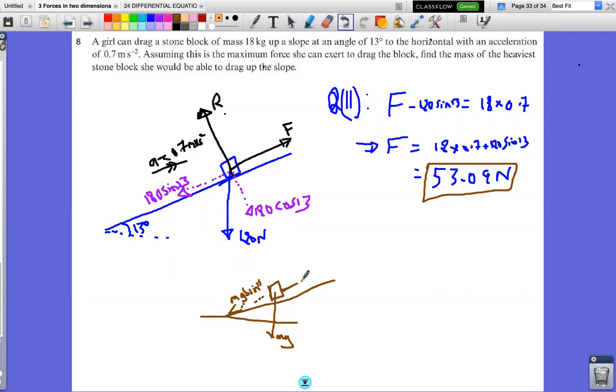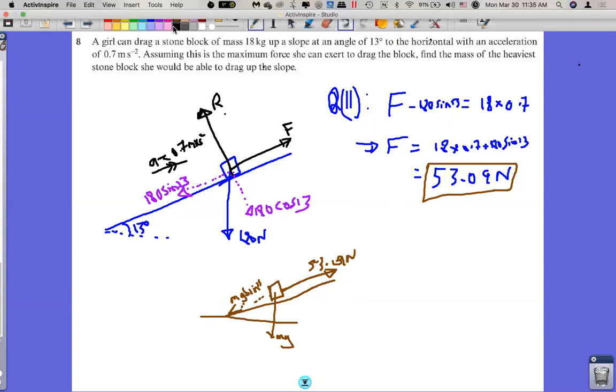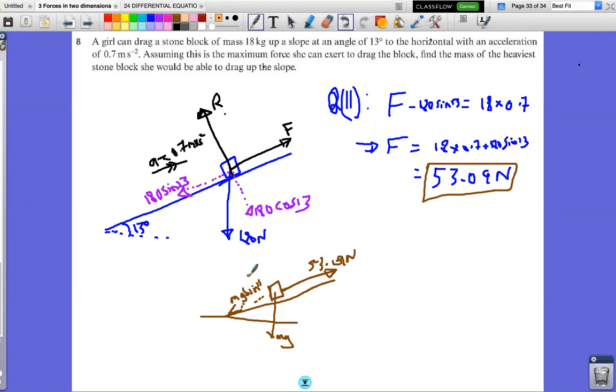And she still has to drag with that force, 53.09 newtons. So we are asked to find m now. Remember, this time around, to get the maximum mass here, she should drag at constant speed up. There should be no acceleration upward.